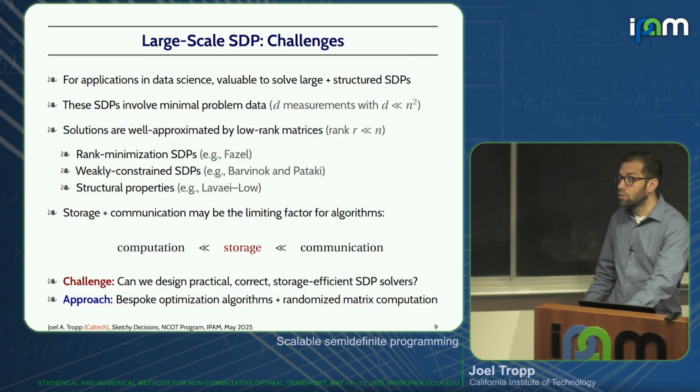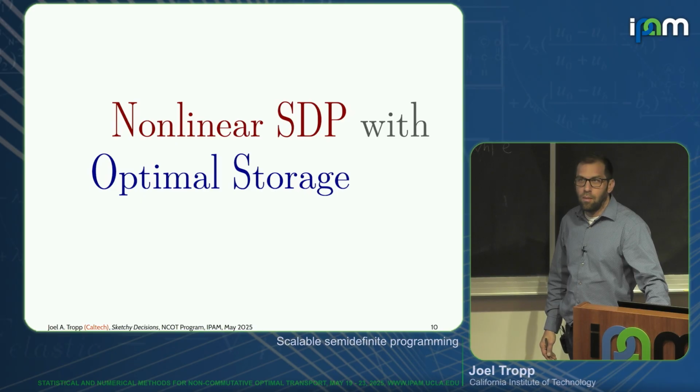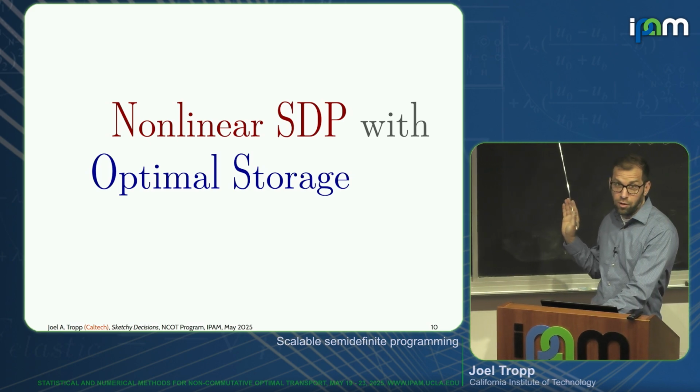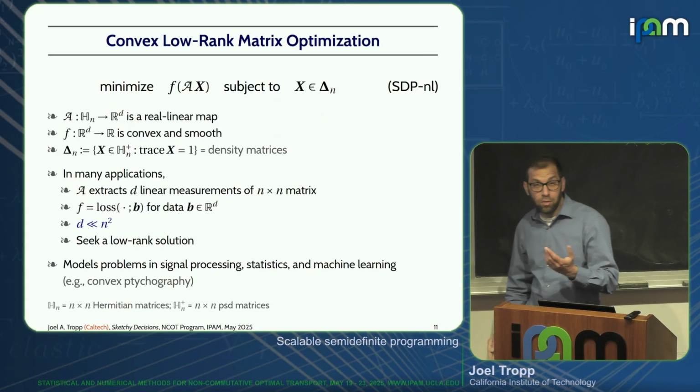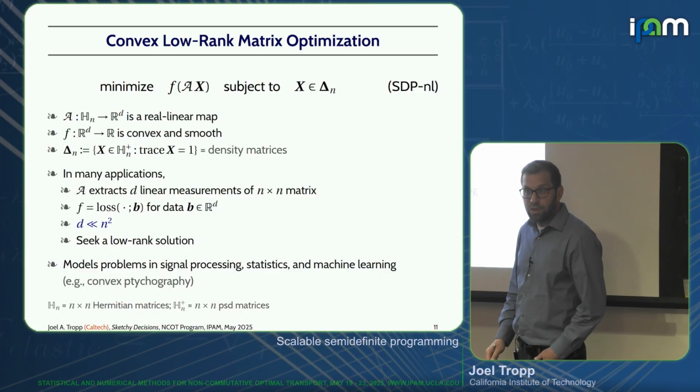Okay, good. So we're going to start out and discuss for most of the talk the challenge of solving nonlinear SDPs with optimal storage guarantees. We'll talk about an algorithm for doing this, and then at the end I'll show you some numerics for standard form SDPs that are based on a different algorithm that's more complicated to explain. Okay, so here's the problem template we're going to be interested in today.